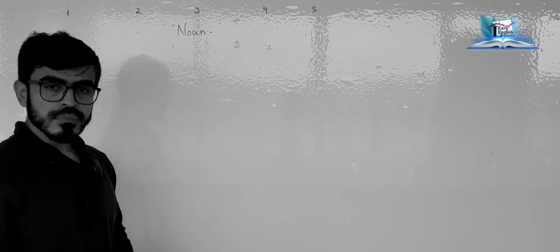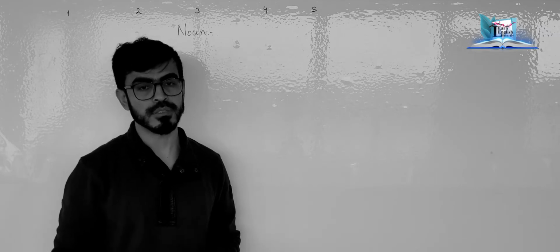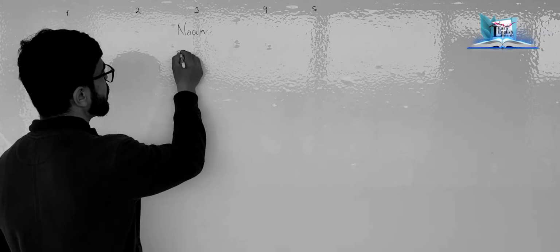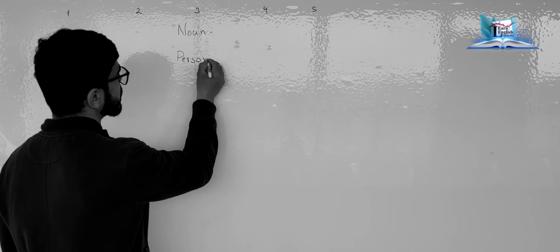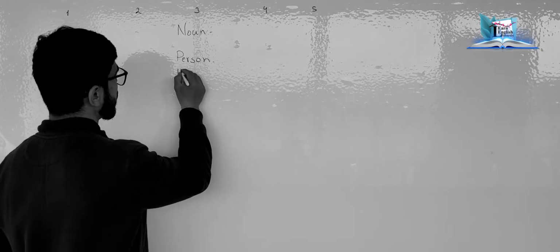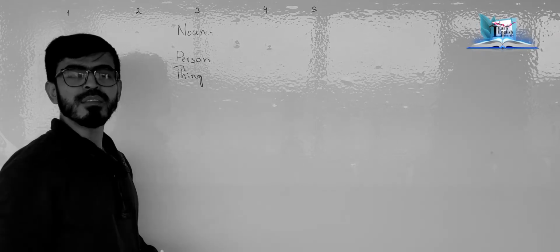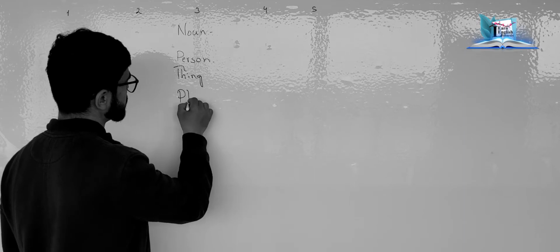So, we all know that noun is the name of a person, right? So, noun can be a person, or noun can be the name of a thing. And also, noun can be the name of a place.